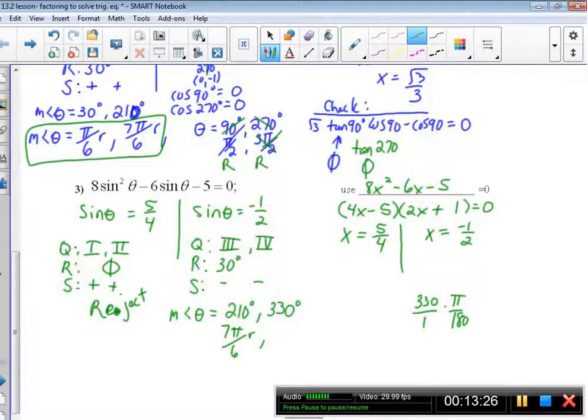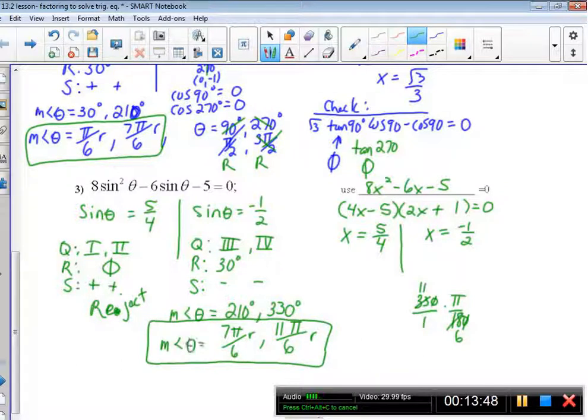So 33 divided by 18, so the zeros go. 18 divided by 3 is 6. 33 divided by 3 is 11. So it looks like I have 11 pi over 6 radians. So that's the measure of angle theta in radians.